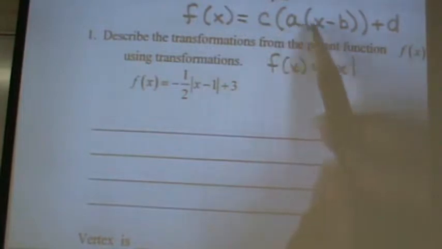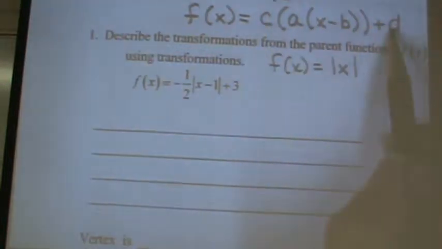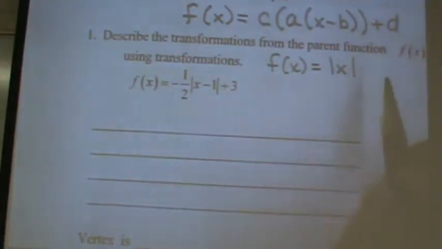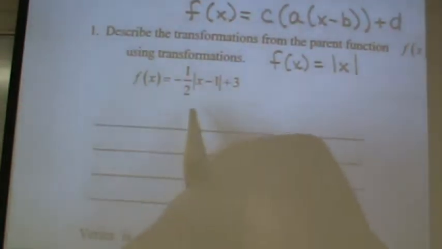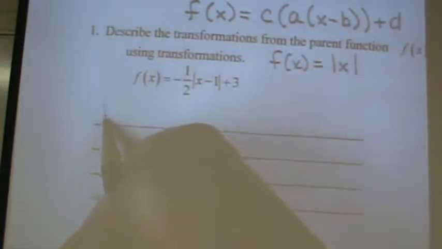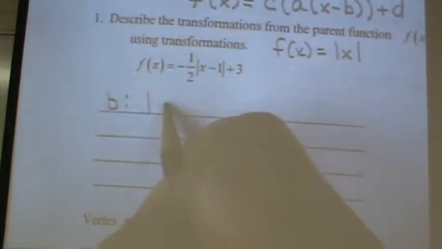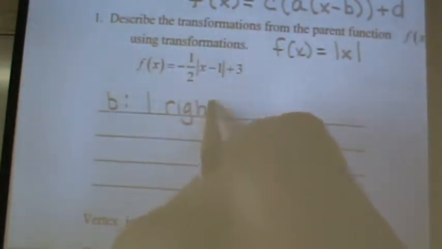Horizontal stretch or compression, and horizontally left and right, and C and D are vertical. Vertical stretches and compressions, and vertically up and down, right? So in order, is there an A value for this problem? No, we skip A. Let's talk about B. What's B? 1 unit to the right.